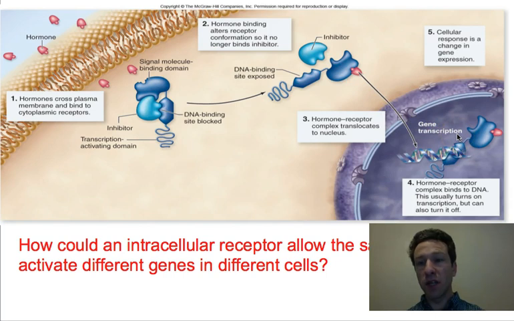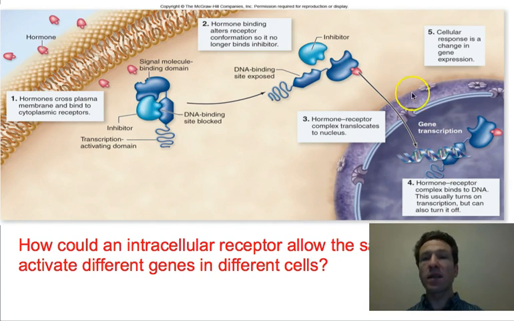However, the important thing here is that we need not only the hormone receptor complex to turn on this process of gene transcription, but we also need co-activators. So co-activators are other proteins that will interact with both the DNA and this hormone receptor complex. And it's the interaction of all three of those parts that are going to lead to this process that eventually leads to proteins.